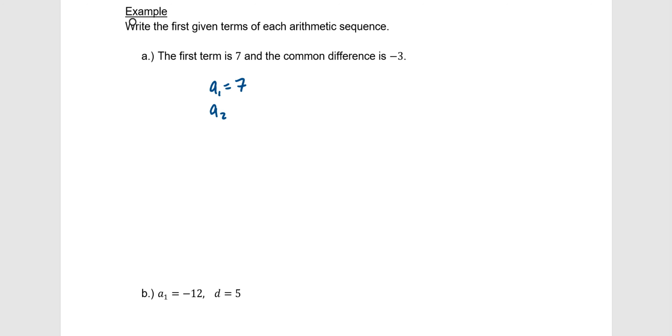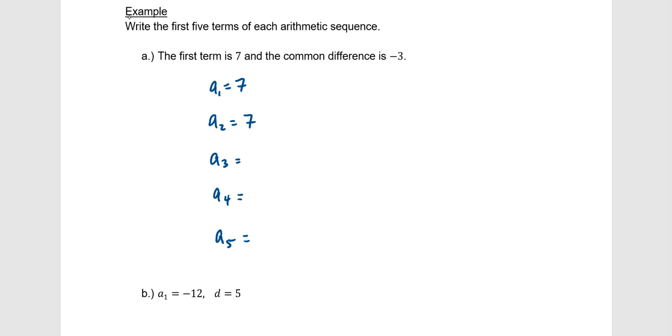We want to find the first five terms, so I guess up here it shouldn't have said given, it should have said 5. Find the first 5 terms of each arithmetic sequence. So we want a sub 1, a sub 2, a sub 3, a sub 4, and a sub 5. Using the common difference, since this is an arithmetic sequence, we know we're going to be adding this.